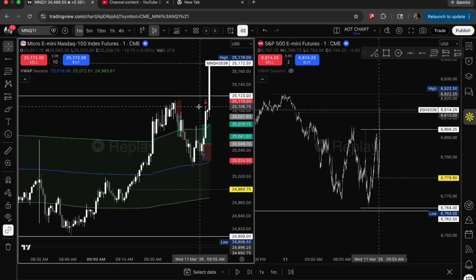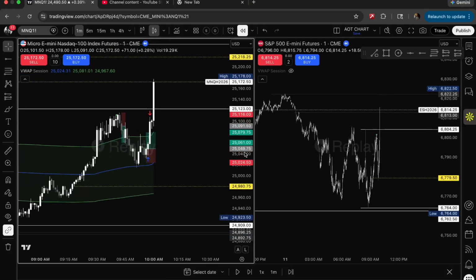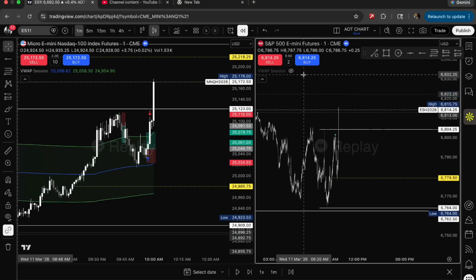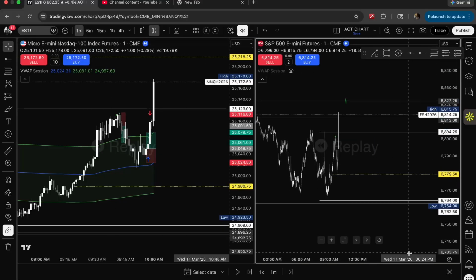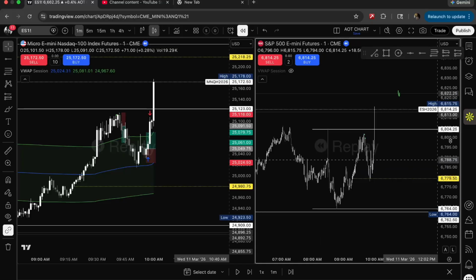Do y'all understand why we start marking up once we get a pullback? It's to see where their next draw is gonna be. Kind of, not really. Why we start marking up once we get a pullback is because we trade off our strategy, which is reversal sequence. So we want to see invited sellers.